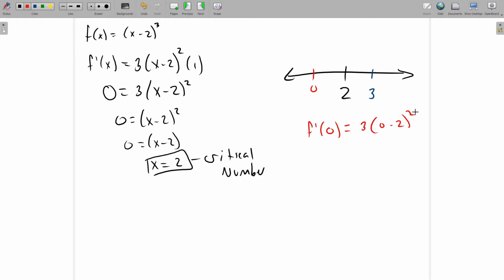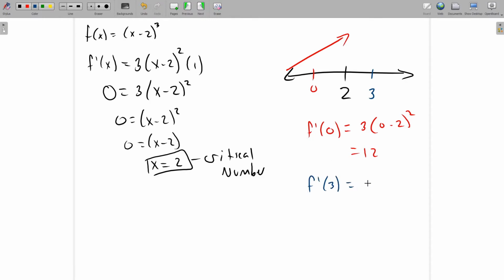we're going to get negative 2 squared, which is positive 4 times 3 is positive 12, right? Again, I don't care too much about the number. I only care about the sign. So it's positive, which means we're going to be increasing on that interval. And I want to do the same thing with 3.